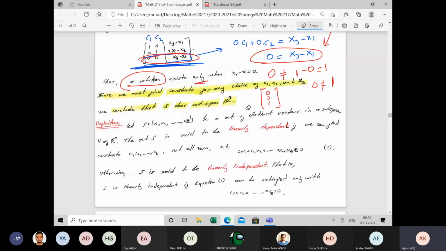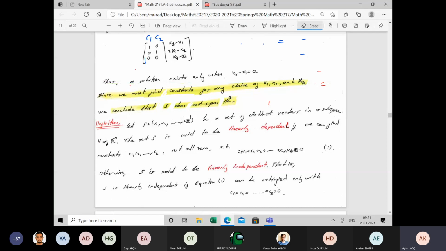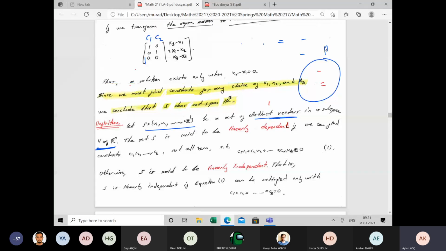This set contains distinct vectors in a subspace V of Rn. Take the subspace V, and take any subset S containing k vectors. So is this set linearly dependent or independent?